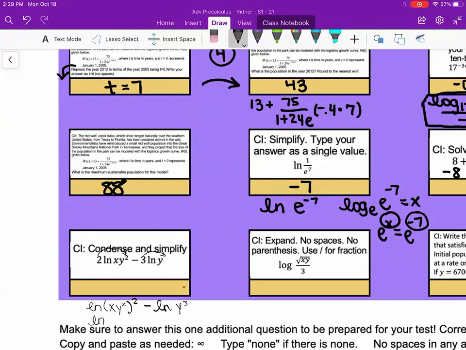Then you have ln of x squared y to the 4th minus ln of y cubed. Well, remember that minus is actually division, so it's ln of x squared y to the 4th divided by y cubed, which is just ln of x squared y, because y to the 4th divided by y cubed is just y.